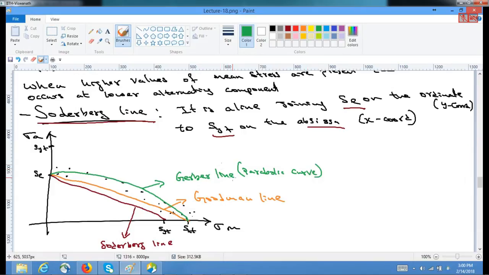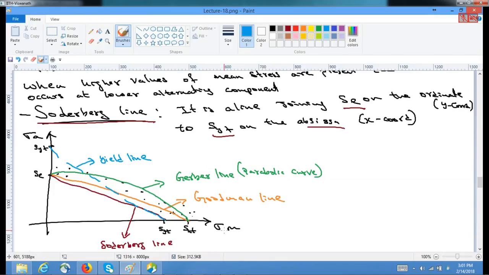And if we want to draw the yield line, it would go something like this. This is the yield line. So there are several different models that are present when you have both sigma m and sigma a.